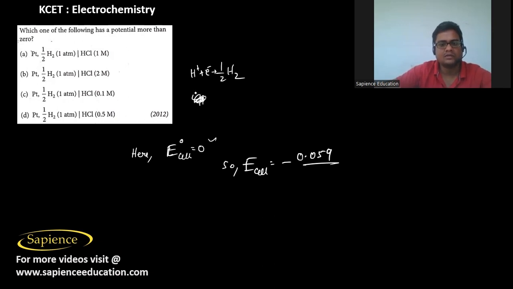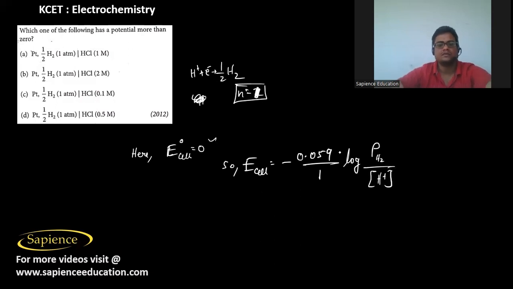So only 1 mole of electron is involved here. So n is equal to 1. So 0.059 by 1 log of the pressure of H2 divided by the concentration of H plus, and it means the concentration of HCl.